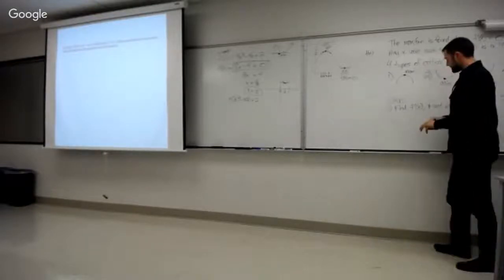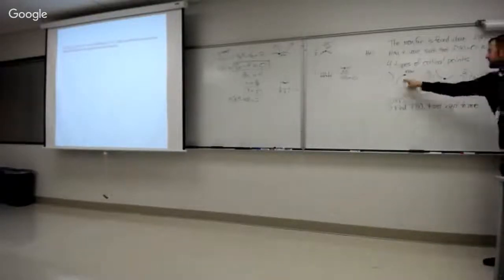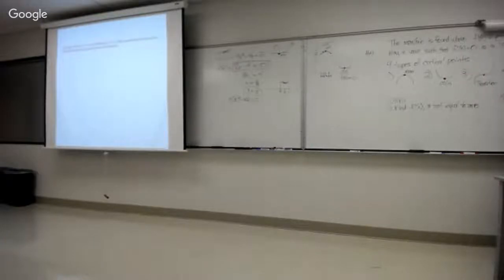Now, just because you set the derivative equal to 0, do you know which one of these things you're about to find? You don't. You have no idea which one of these things it could be. If you're just looking at some random function and you take the derivative and set it equal to 0, all you're really saying is, hey, find a flat spot. You don't know what it is yet.